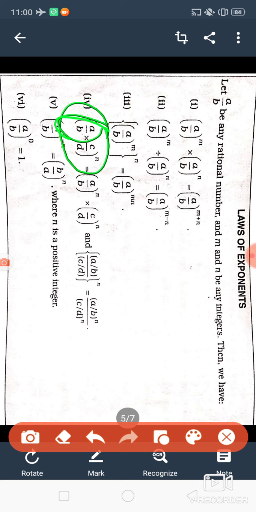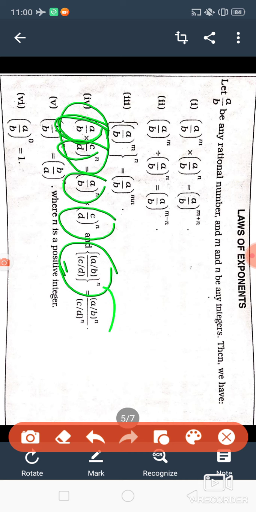We can write separately this one, (a/b) to the power n, and this c/d separately we can write (c/d) to the power n. Same way it is given (a/b divided by c/d) to the power n. So again separately we are writing (a/b) to the power n and (c/d) to the power n. Okay, so now we'll see with one example.